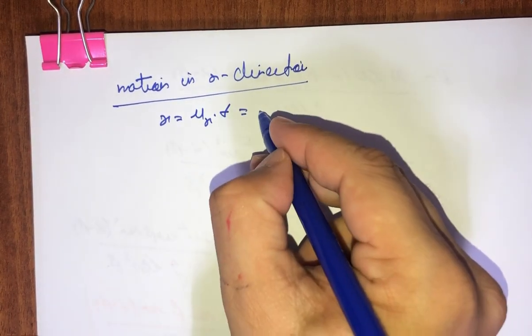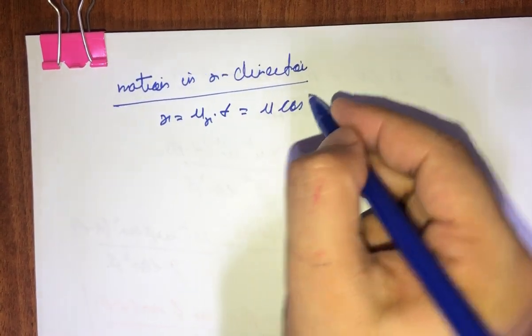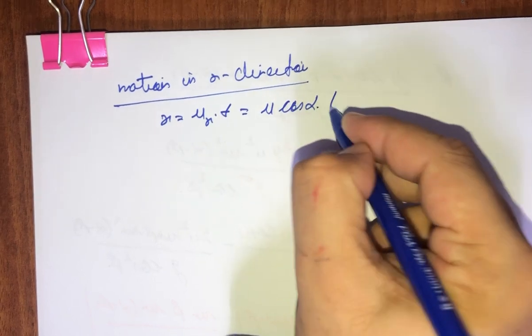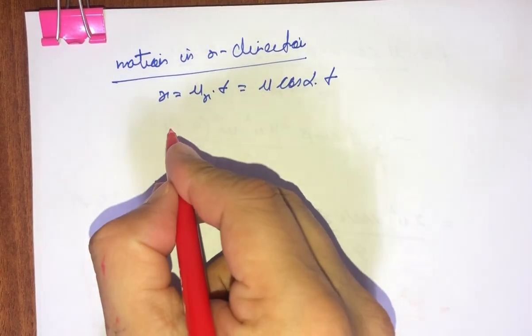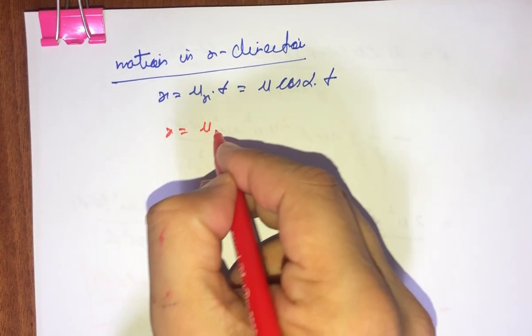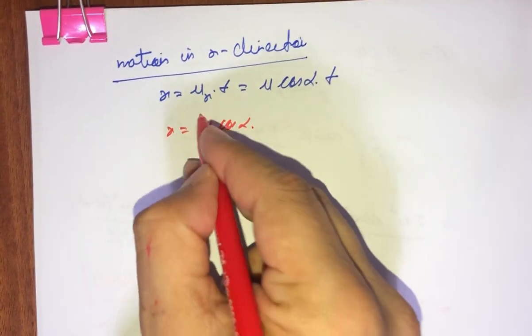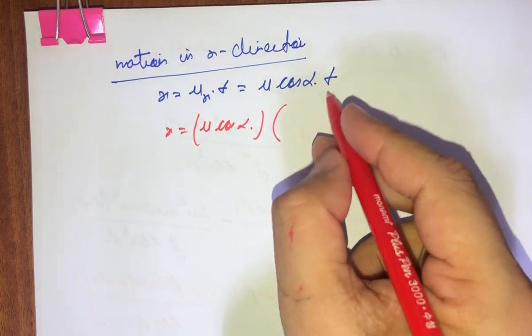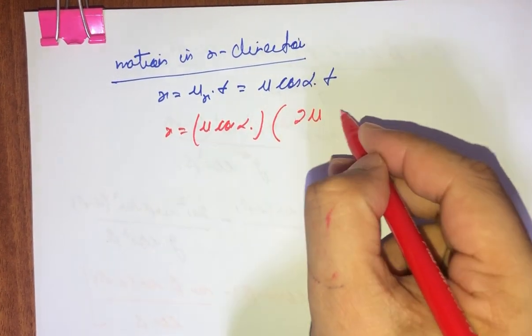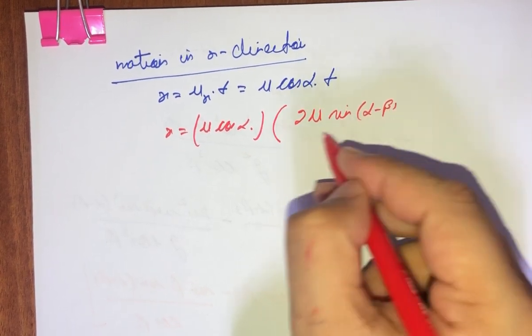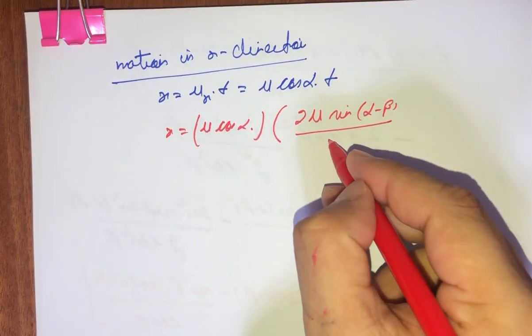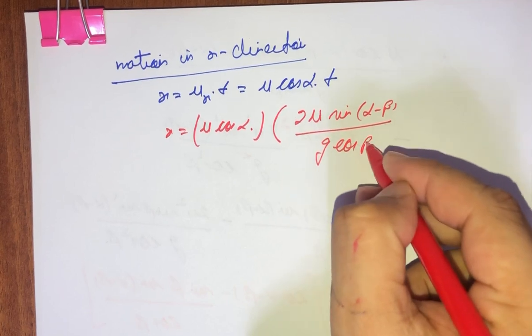So we can write this as u cos alpha into t. T we already know, so we can write that x will be equal to u cos alpha into time t, that is given as 2u sine alpha minus beta divided by g cos beta.